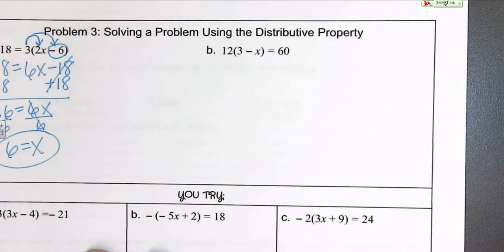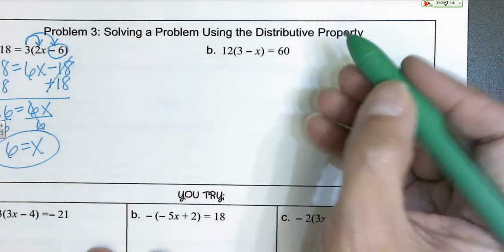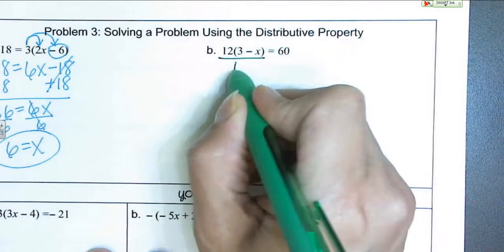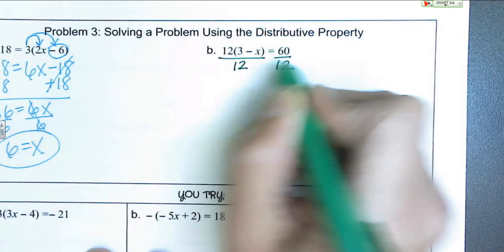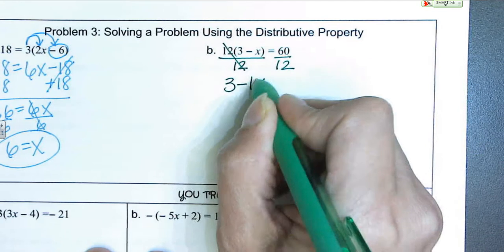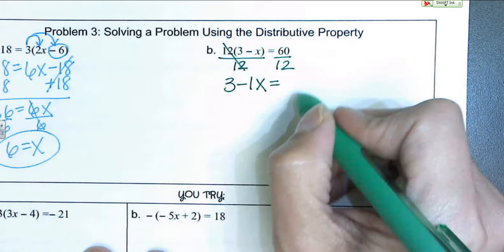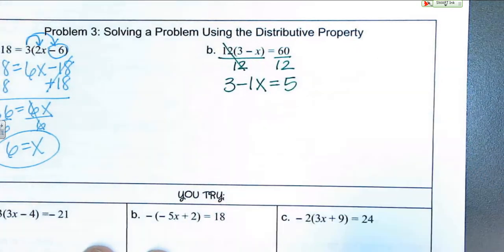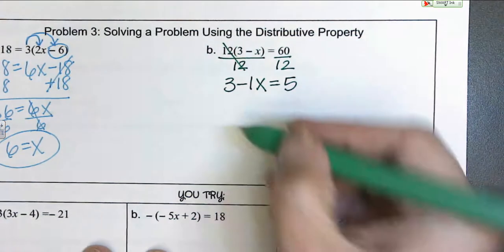We're left with 3 minus x is equal to 5. Now we're going to subtract 3 from both sides of the equation. And negative x is equal to 2. So we need to use that multiplication property of negative 1 or division property of negative 1. And x is equal to negative 2.